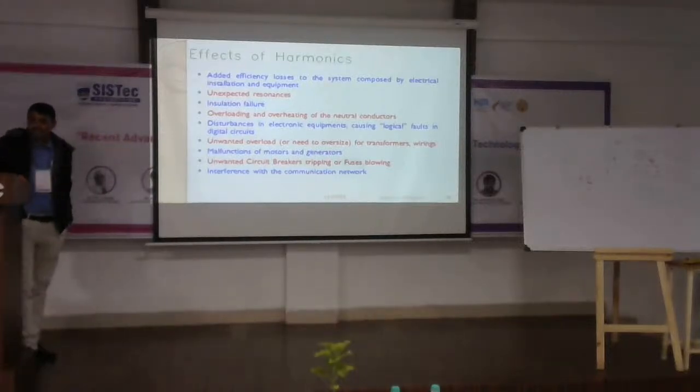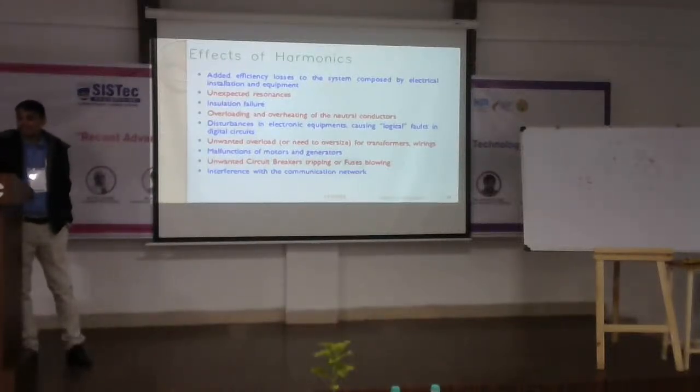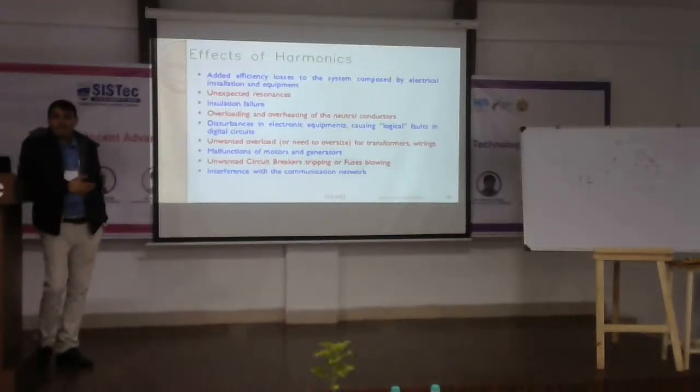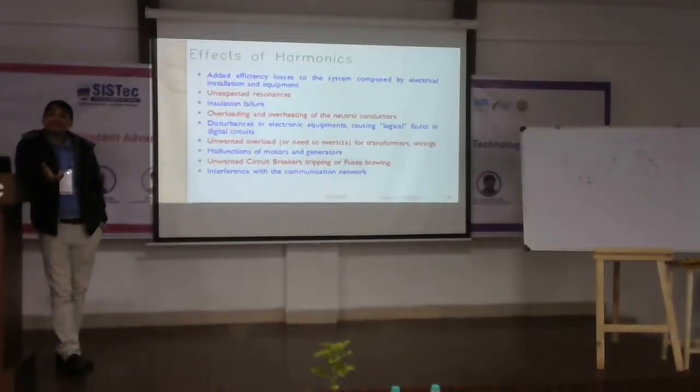And unwanted circuit breaker tripping and fuse blowing. If there is a problem in power quality, definitely the circuit breaker will operate at times when it should not, and similarly the relay will not work properly. Interference with the communication network, yes.